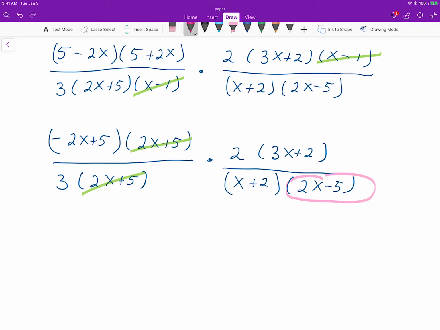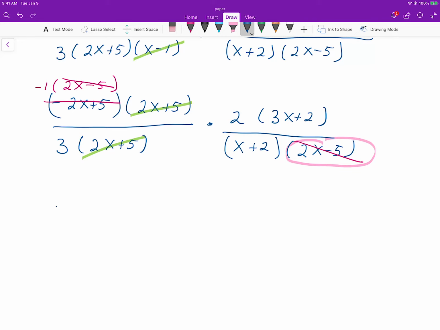And if you have a difficult time seeing that, it's like saying we take out a negative 1 and then we're left with 2x minus 5. Because that's basically like saying we're taking out the negative 1 and we're having 2x minus 5 there. And that's why those two cancel out.